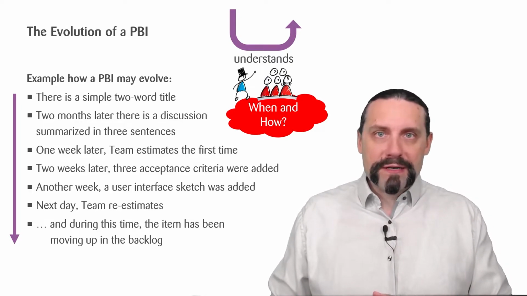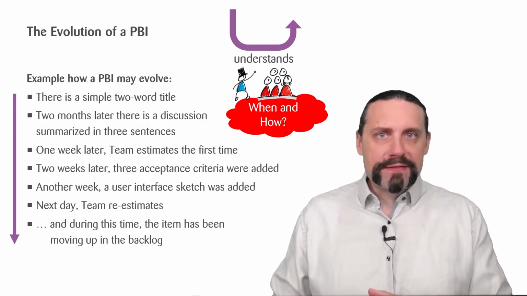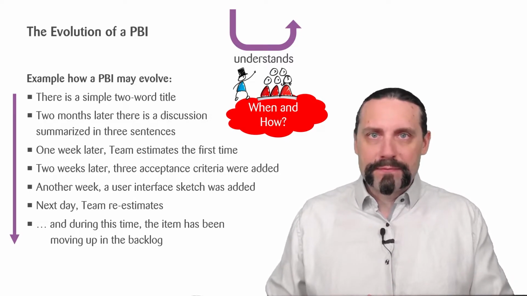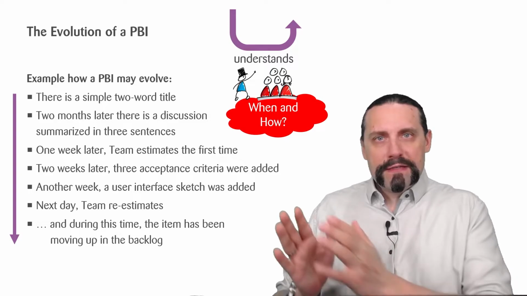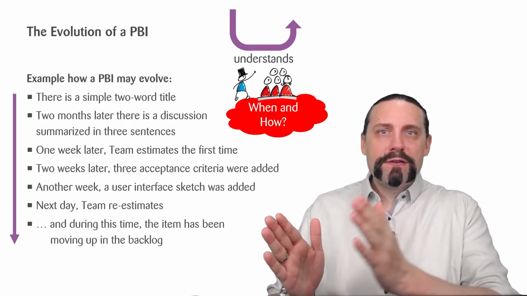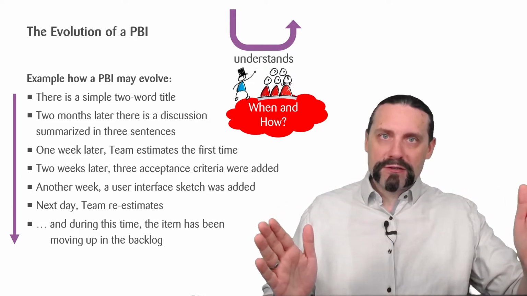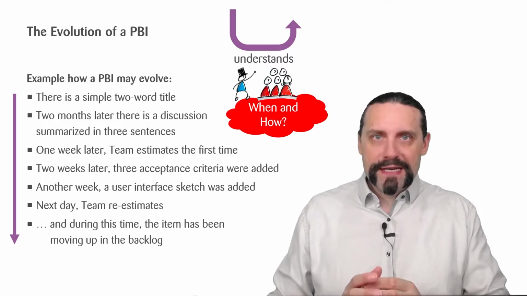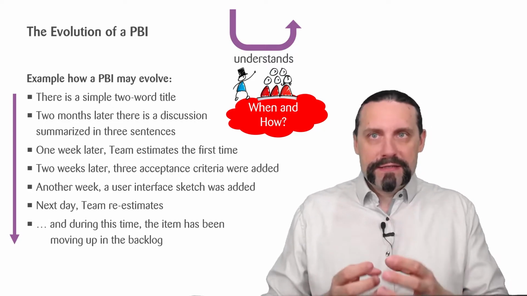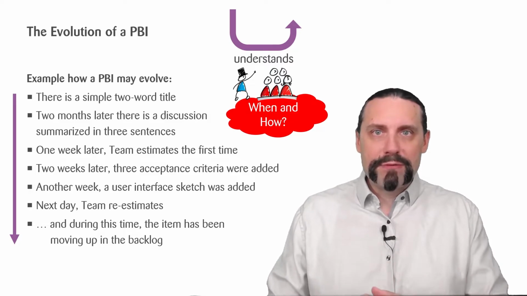And on the next day, the team re-estimates this product backlog item. And you can see this product backlog item is now refined during time, and it moves up in the product backlog until the stage where it is ready to be implemented.